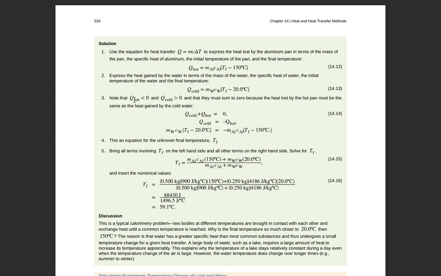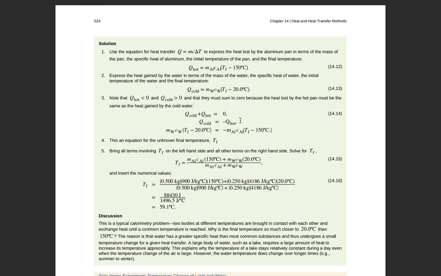So we know that Q hot is going to be less than 0 because this number is going to be lower than 150 degrees C, and the Q cold is going to be above 0 because this number is going to be greater than the 20 originally. So we have the total heat is the combination of both Q cold plus Q hot, so they should equal 0.